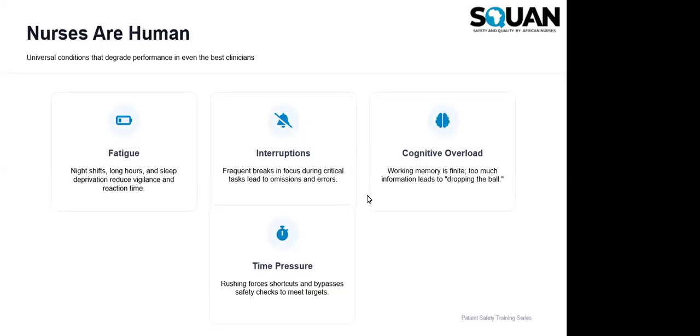Also our cognitive overload, right? We cannot overestimate the capacity of the human mind or the human brain. We can only think of so much at a time, and I think there's another slide that speaks a bit more into that. So we have working memory. For you to use your working memory well, you cannot be thinking of more than 4 things at the same time.